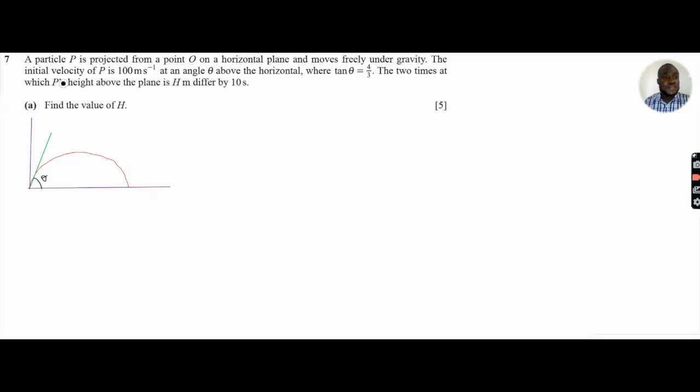So we have a particle P undergoing a projectile motion from point O on the horizontal plane and moves under gravity. The initial velocity of P is given as 100 meters per second, and tan of the initial angle of projection is 4 over 3. Now, the two times at which P's height above the plane is h differ by 10 seconds.